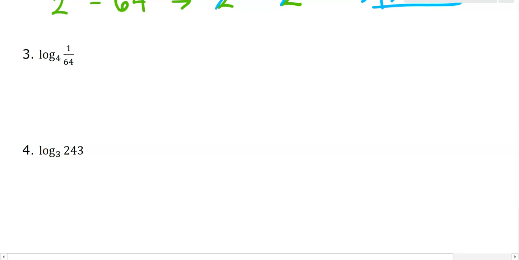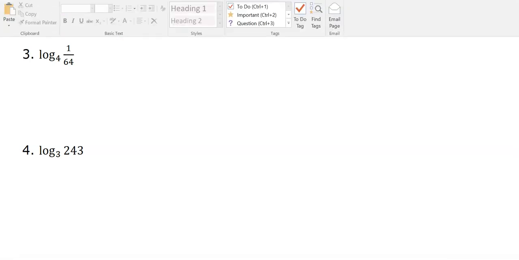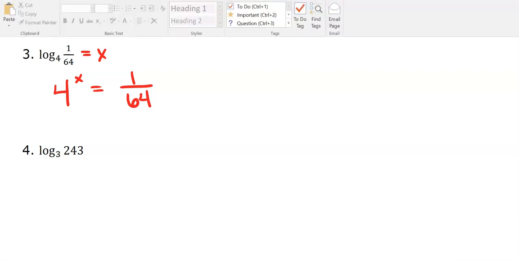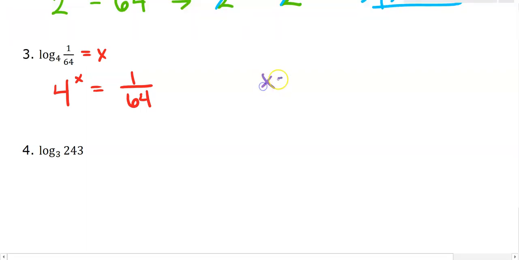Okay, let's go ahead and finish these up. So number 3, you have 4, if you think about this as equal to the x power. So 4 to the x equals 1 over 64. So when you're doing this, because you have a fraction, you're going to have a negative exponent. And I saw a lot of you figured out that x has to equal negative 3.